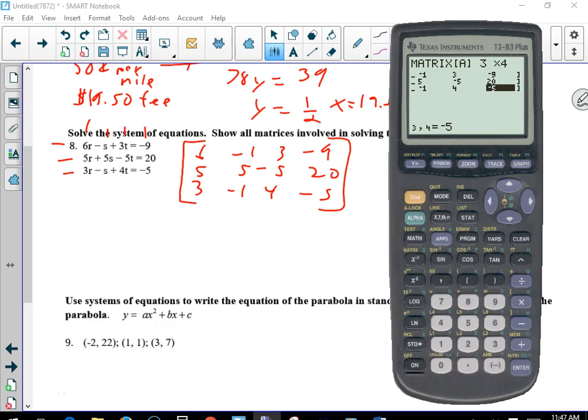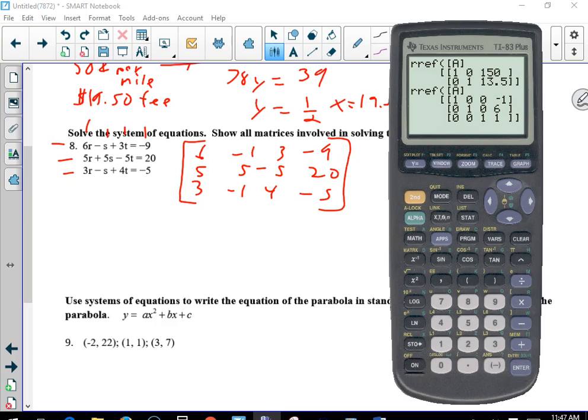Now, a very important step here. Remember, you must do second quit. And then go back into matrix, go over to math, go up to RREF, enter, and then go back to matrix and tell it 1A.